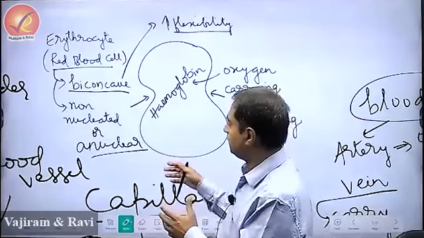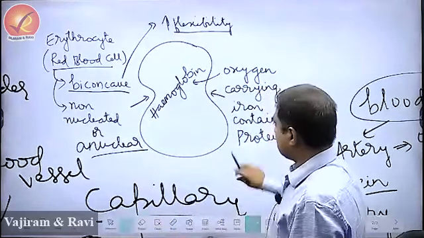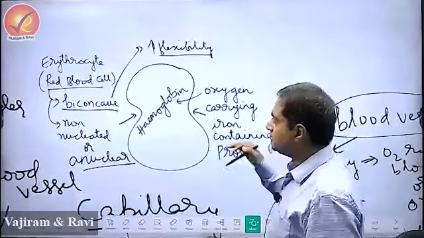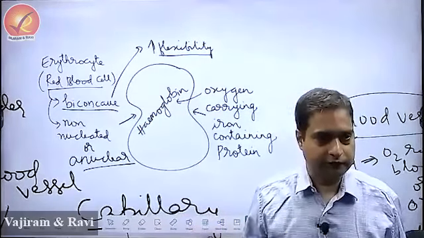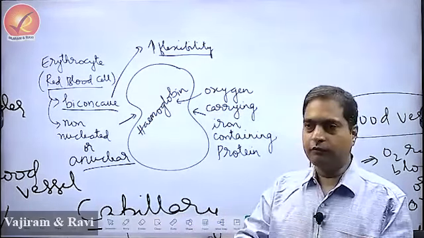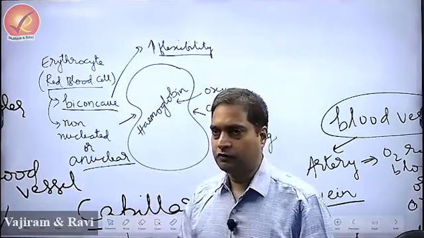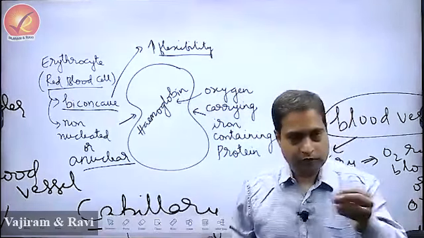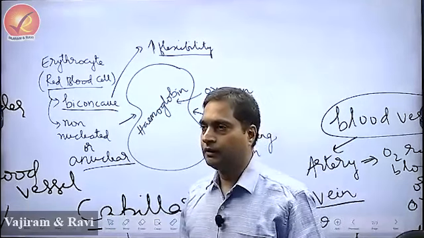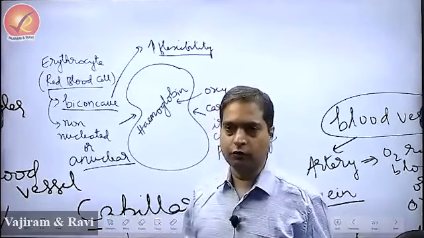Now, what is the reason it is non-nucleated? RBC is carrying oxygen to different body cells, which is essential for our survival. We discussed that oxygen is needed to break down glucose into energy. So RBC has to just act as a ferry to transport this oxygen depending upon the requirement of the body. So what is the requirement of the body?